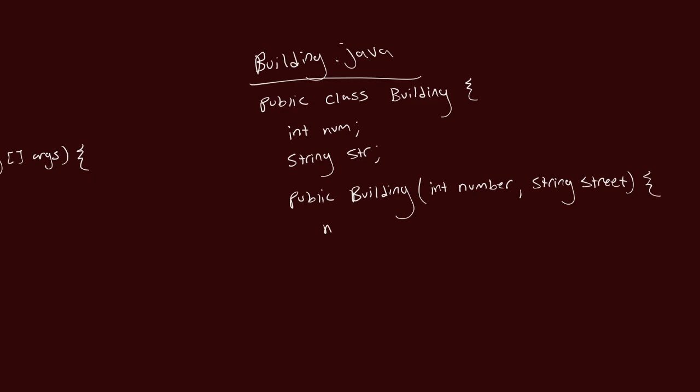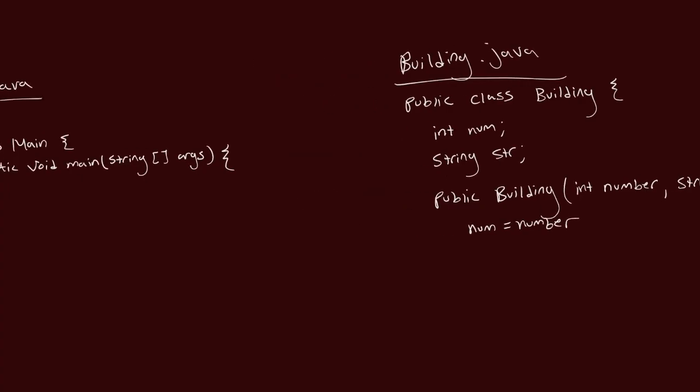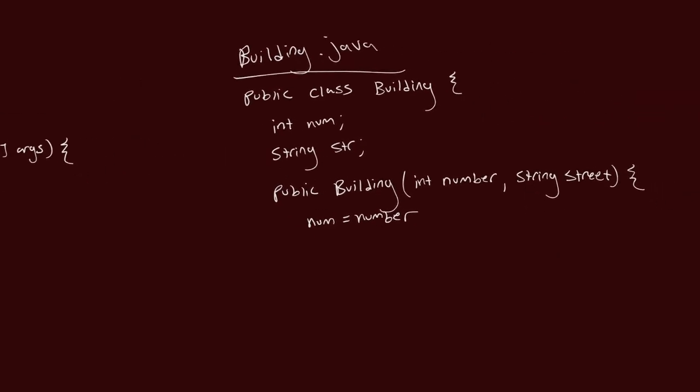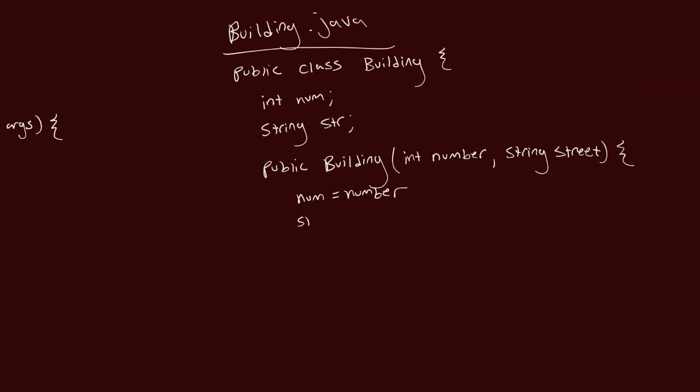Obviously this constructor we're going to pass in the building number and building street from the main method. So num equals number and str equals street.